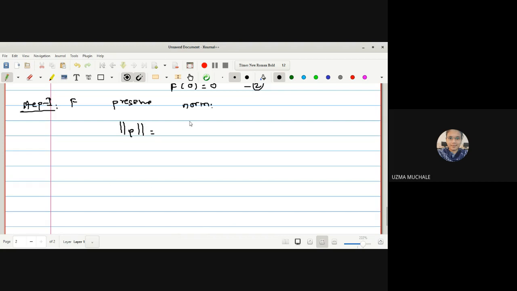For that, we start with the norm of P. What is a norm? The norm tells you the distance from the origin. Everyone knows that, right? What is the norm of F(P)? I can write this as the norm of F(P) minus 0, because it also tells us the distance from the origin.